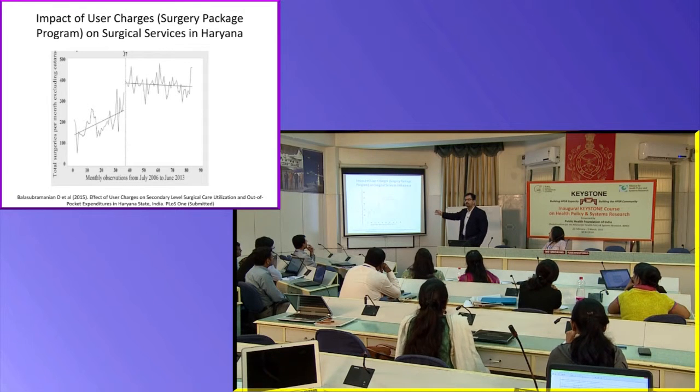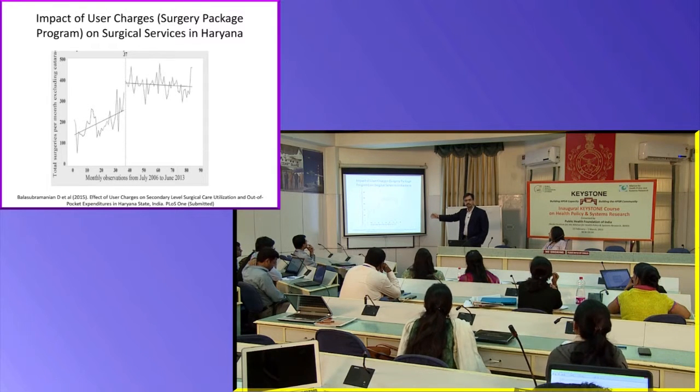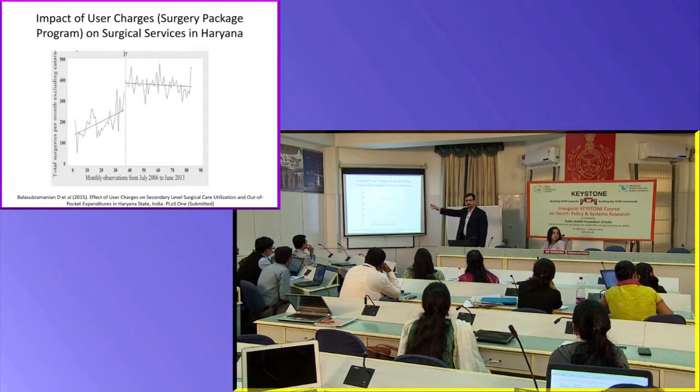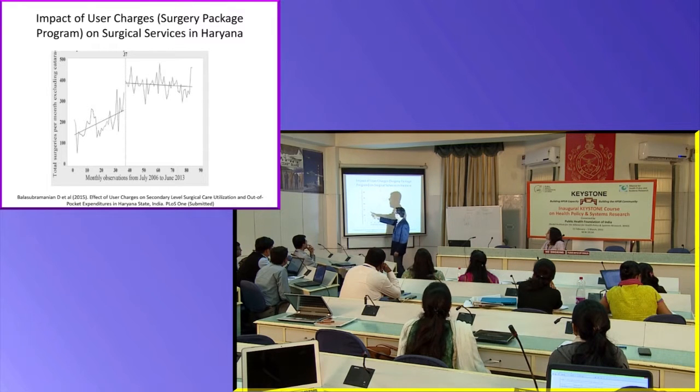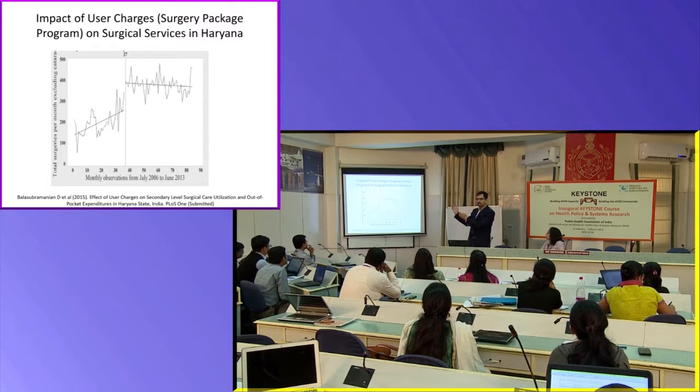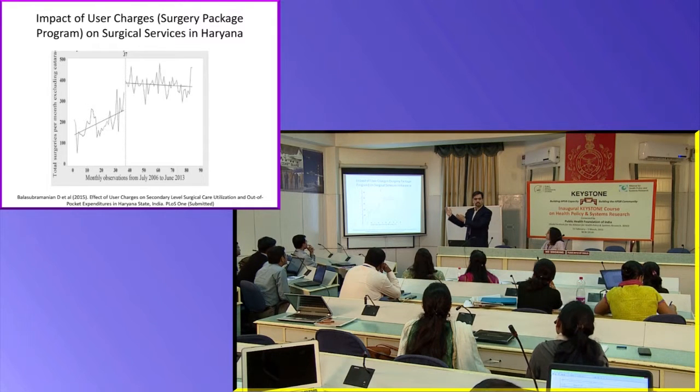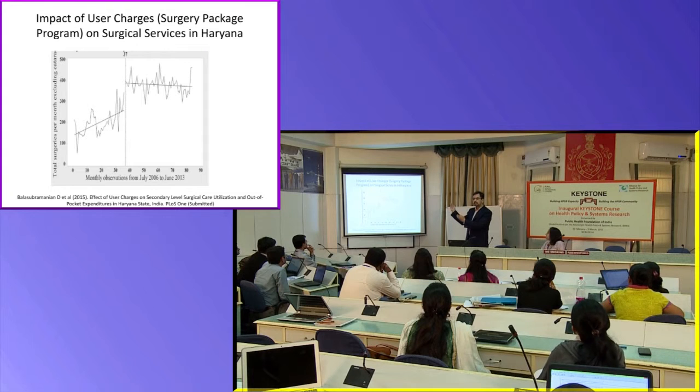A look at data from the state shows, if you just don't think about that there is something in between here, and if you draw a line from here to here, this is what most of the people in the state services tend to do, and they would say that the surgeries are increasing. So even after user charges, the surgeries have improved, but this is actually a secular trend.